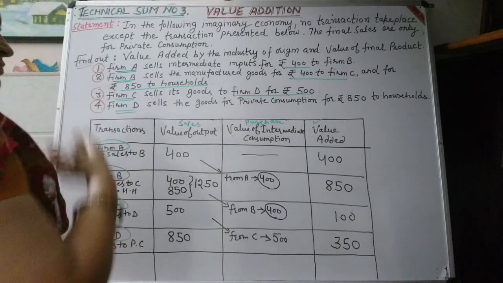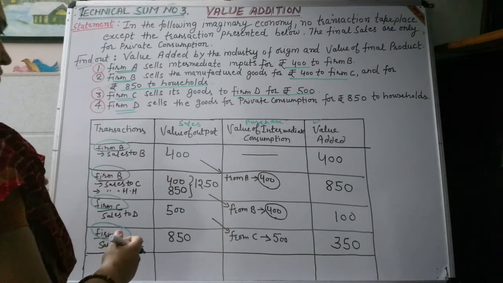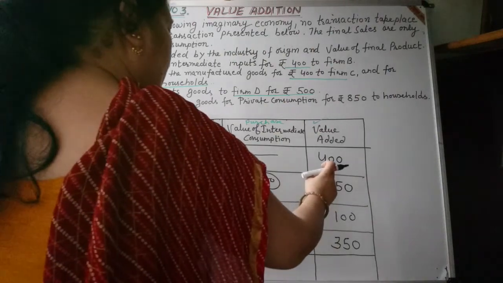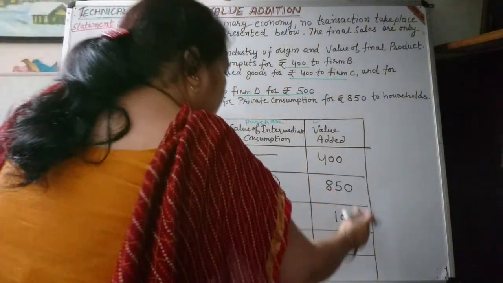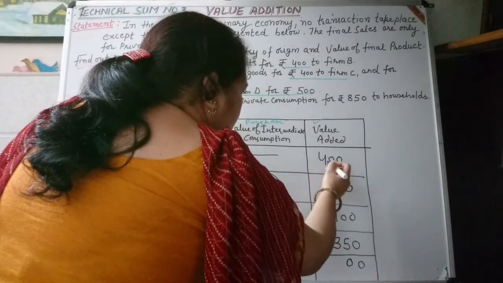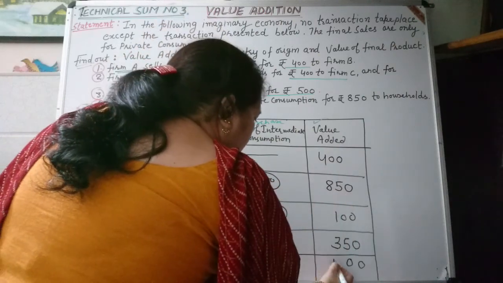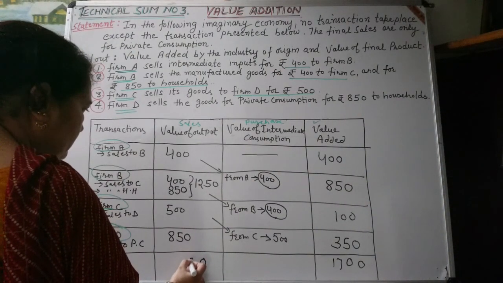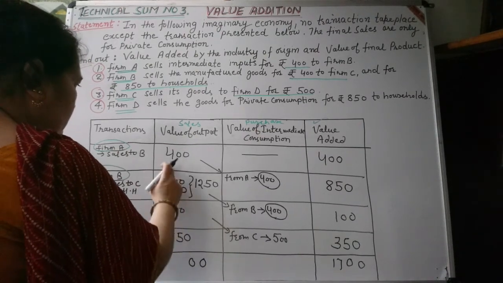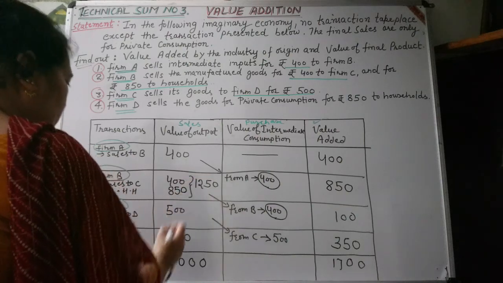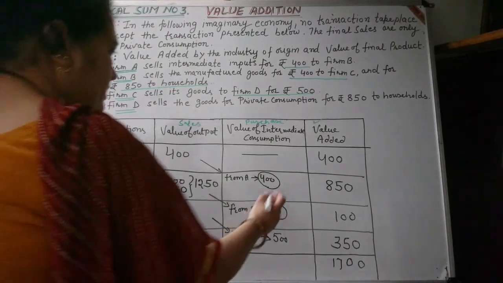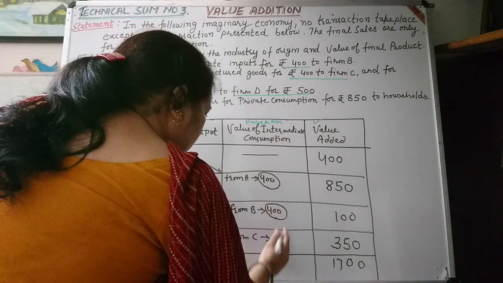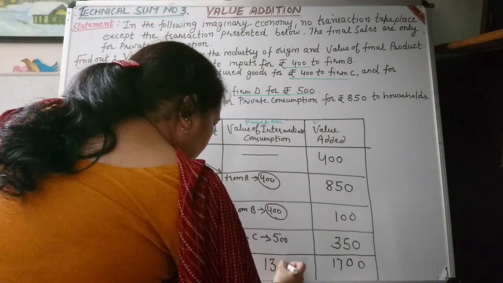Now let us calculate how much value addition is by all the firms. $1,700, and this is 0, 3,000, and the value of intermediate consumption, that is 1,300.